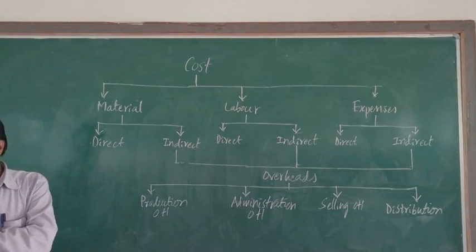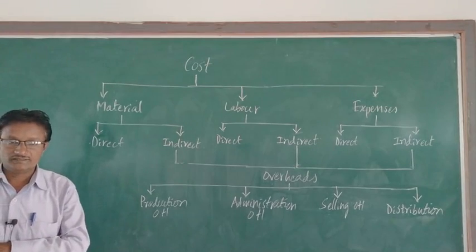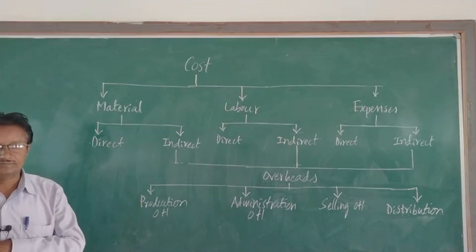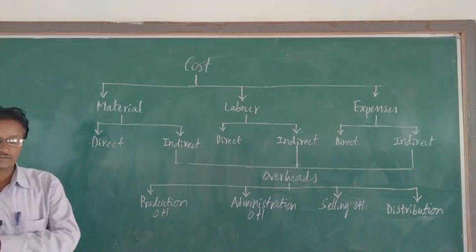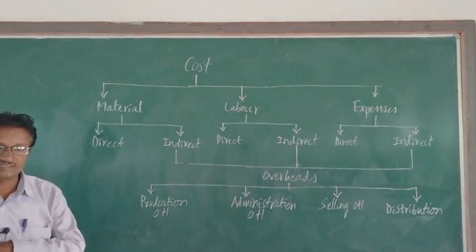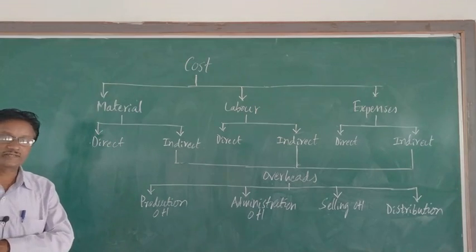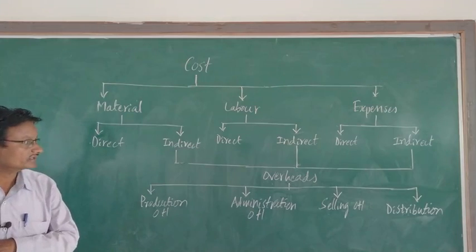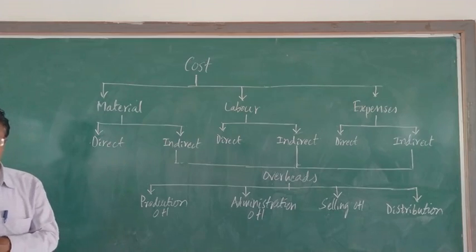Next, what is labor cost? The amount of wages, salaries, bonus, commission, etc. paid to employees of an undertaking is called labor cost. Again, labor cost may be divided into direct labor cost and indirect labor cost.